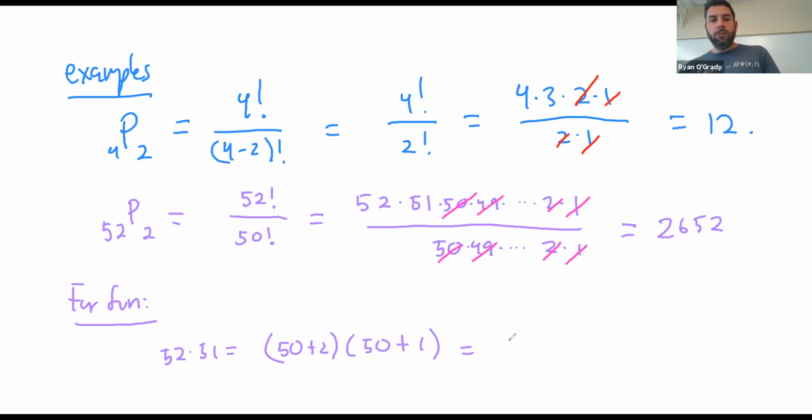And then, what's 50 times 50? Well, that's 2,500 plus, what is 50 times 1? Well, the middle terms would be 150. And then the last term would be 2. So that's how you do it in your head.